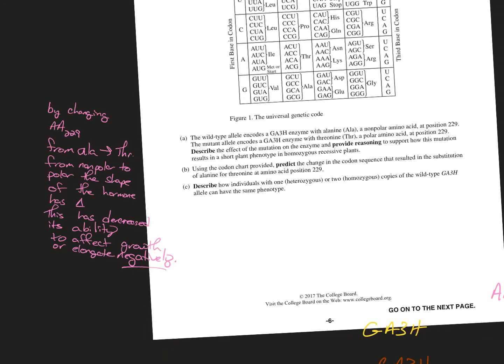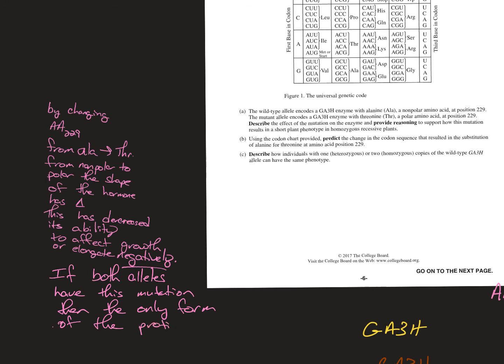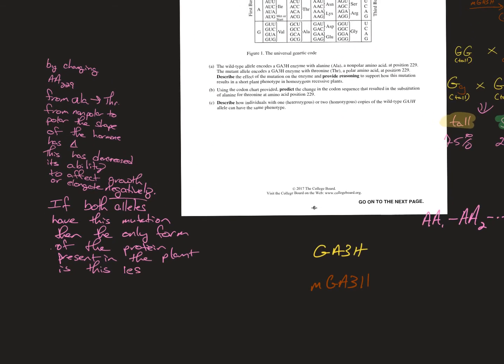All right, so I suppose, and to be fair, you should, I would include, if both alleles have this mutation, then the only form of the protein present in the plant is this less effective hormone.